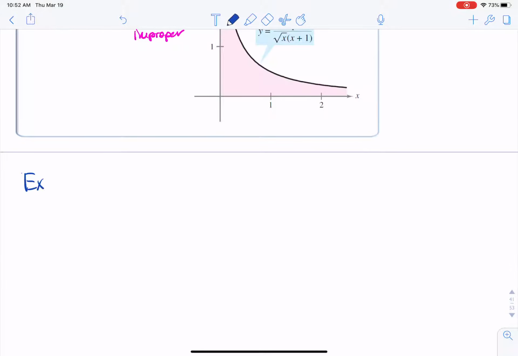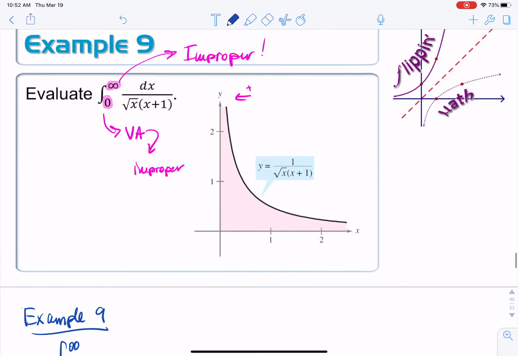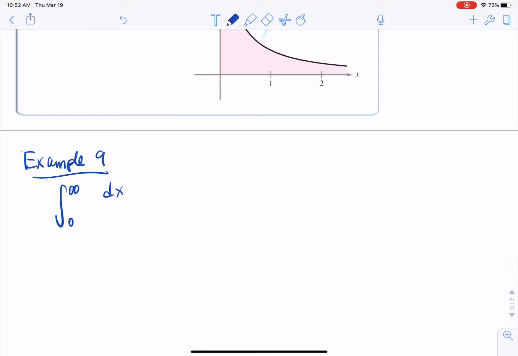Let's try example 9. We are taking the definite integral from 0 to infinity of, did I put the dx on top? Okay, I'm going to go ahead and do that. Over the square root of x times x plus 1. All right, and let's see.